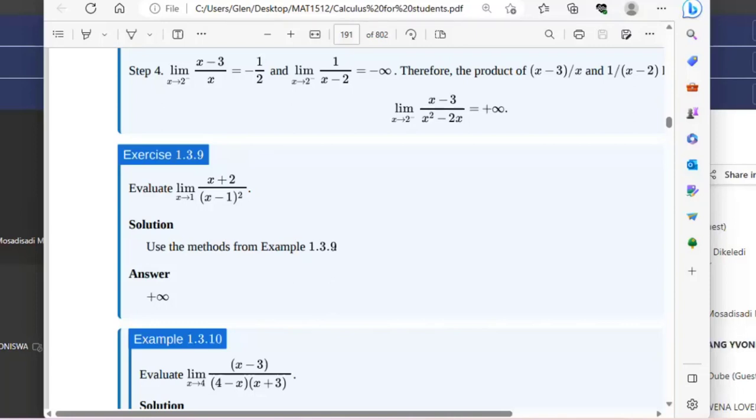Positive. Now, taking into account where we started, remember when we substitute the value of x, this expression becomes undefined. That clarifies our positive infinity.